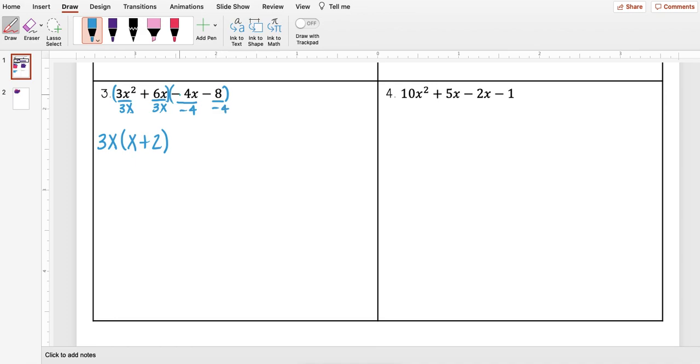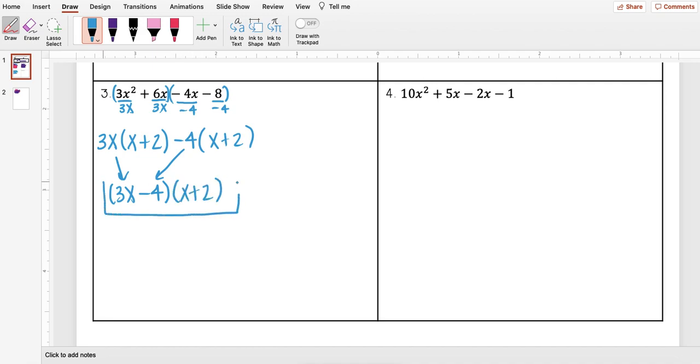So whenever it's negative there, you're going to be factoring out a negative GCF. And then I put my GCFs into their own parentheses. And you can always check your work by multiplying those two out and see if you get your original answer.